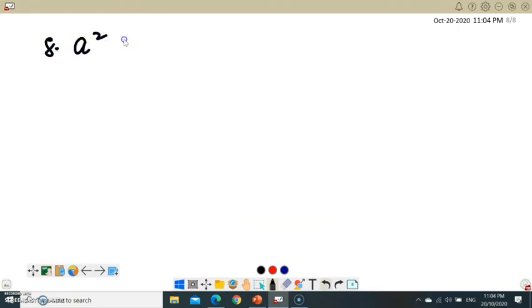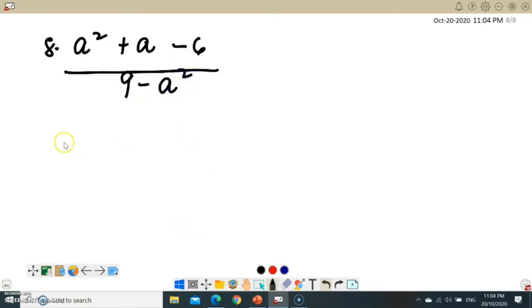A squared plus a minus 6 over 9 minus a squared. So factor the numerator. What are the factors? We have a plus 3 multiplied by a minus 2.